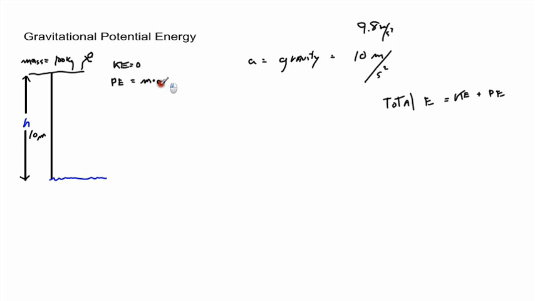times gravity times height. In this case, 100 kilograms times 10 meters per second squared times a height of 10 meters. Well, 10 times 100 is 1,000, and it looks like this is going to be 10,000.